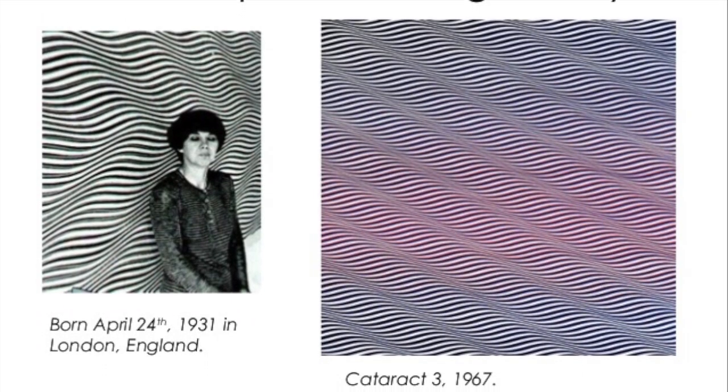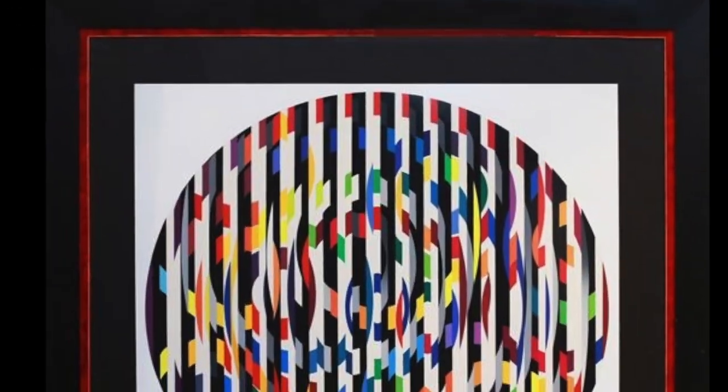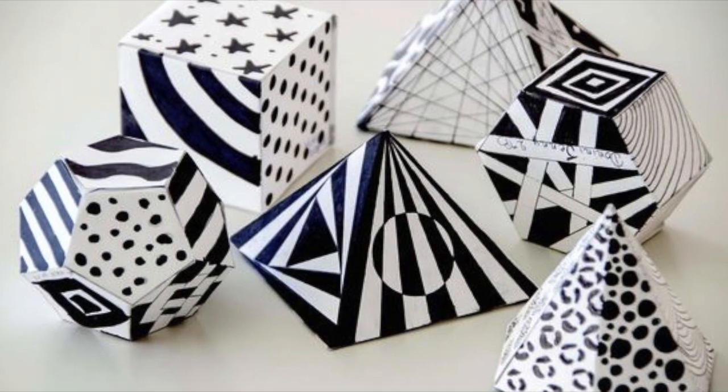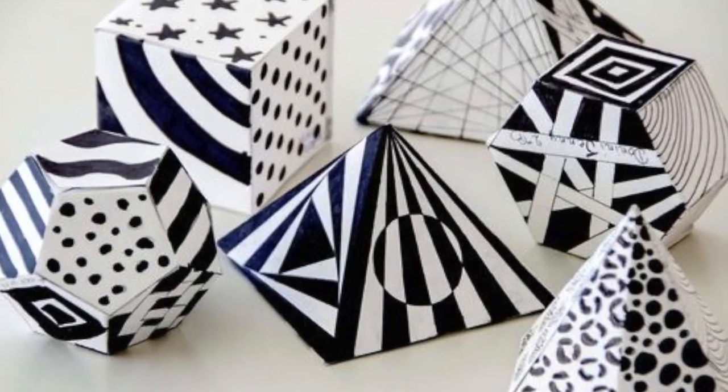In this video, we're looking at so much op art made by so many different artists over many years, from kids to professionals who lived till they were 97 years old. Anybody can do op art.